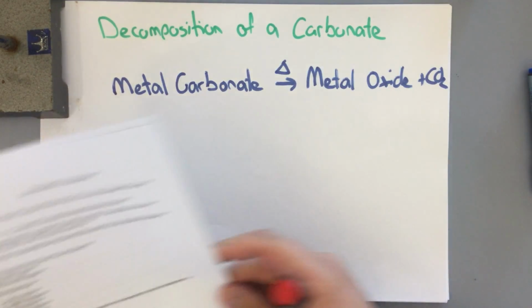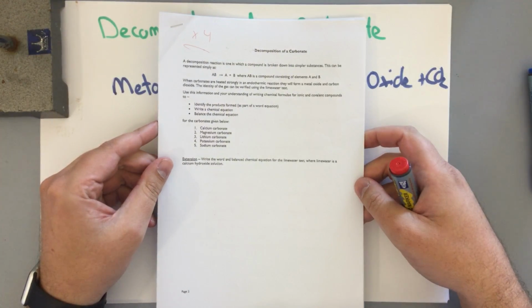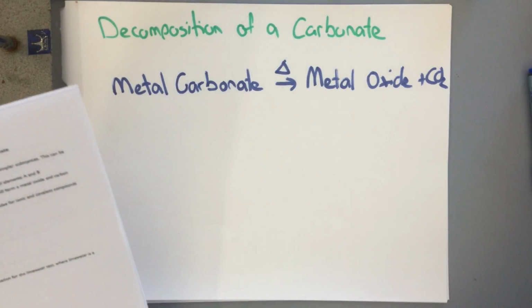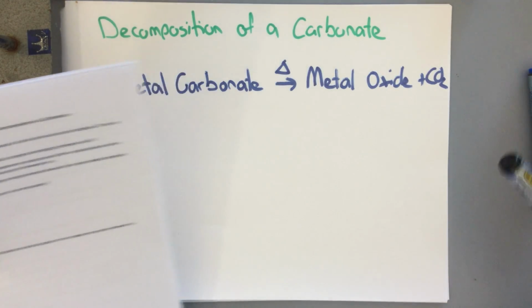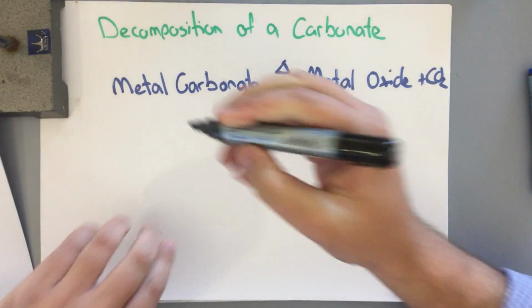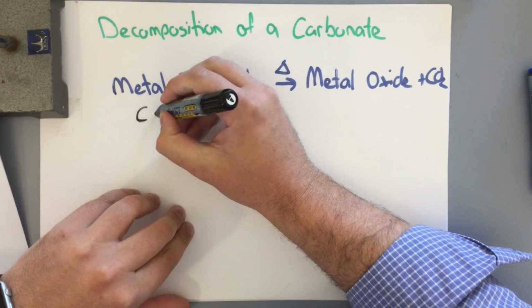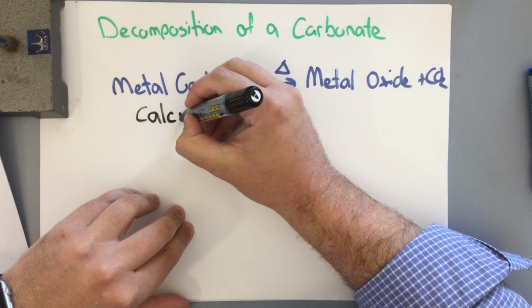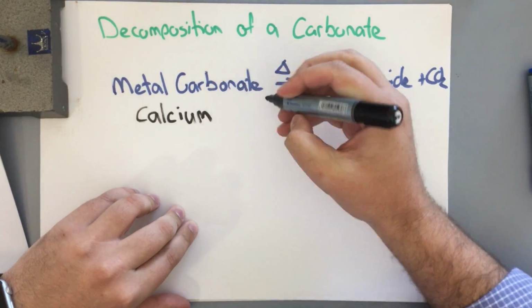So if we look at our decomposition of a carbonate sheet here, let's do the first one. The first one is calcium carbonate.